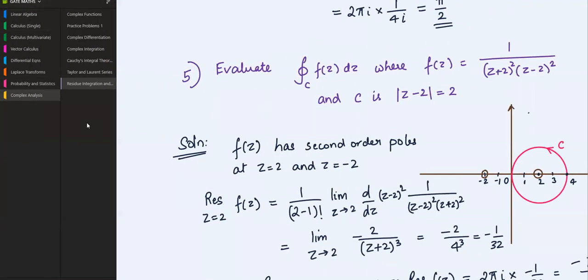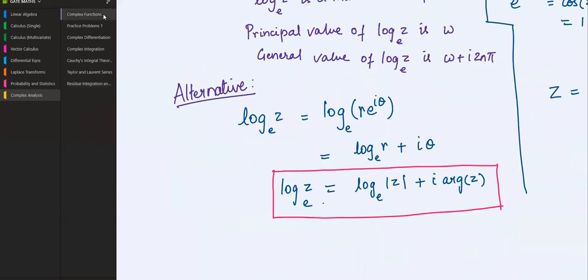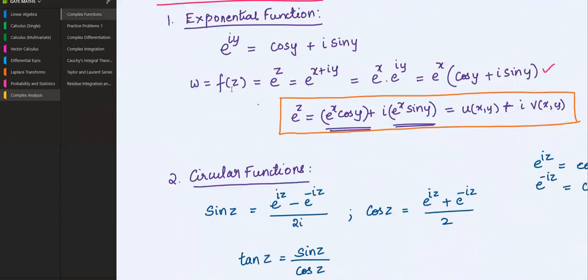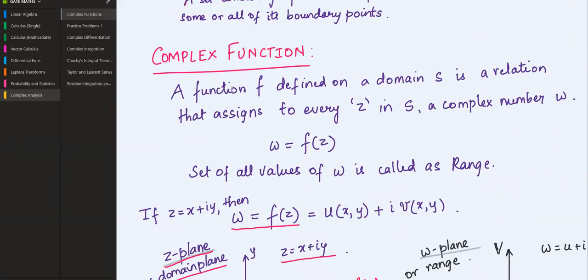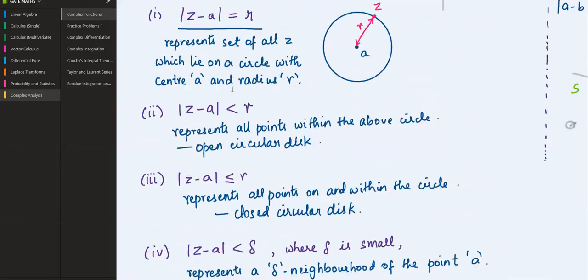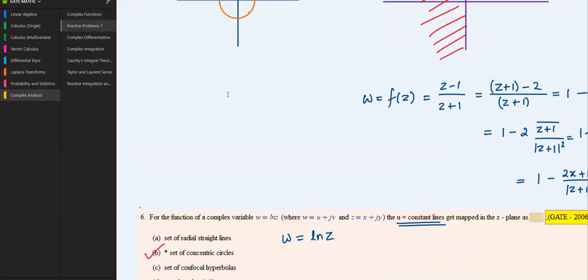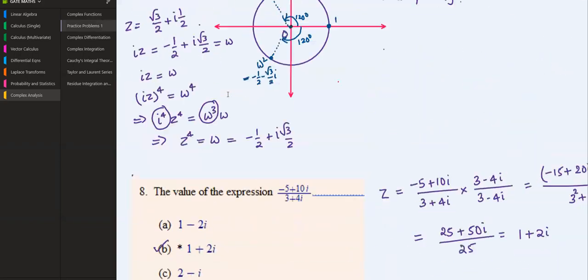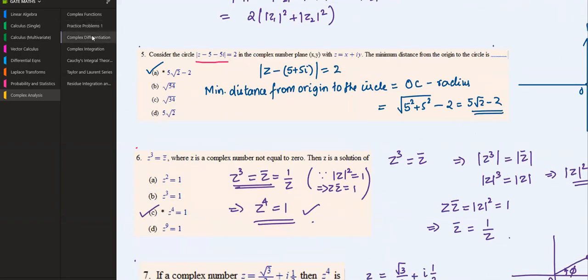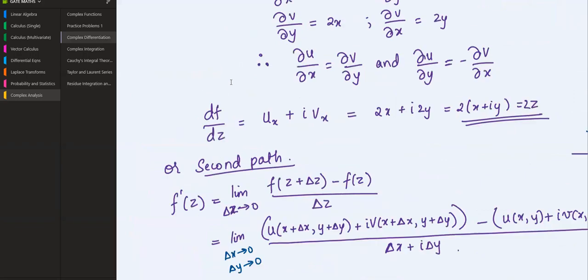Just what all did we cover? We covered complex functions, and on complex functions we get many problems, basic complex numbers. This problem set that I discussed in detail is very important; we get many problems on this. Then we discussed complex differentiation.